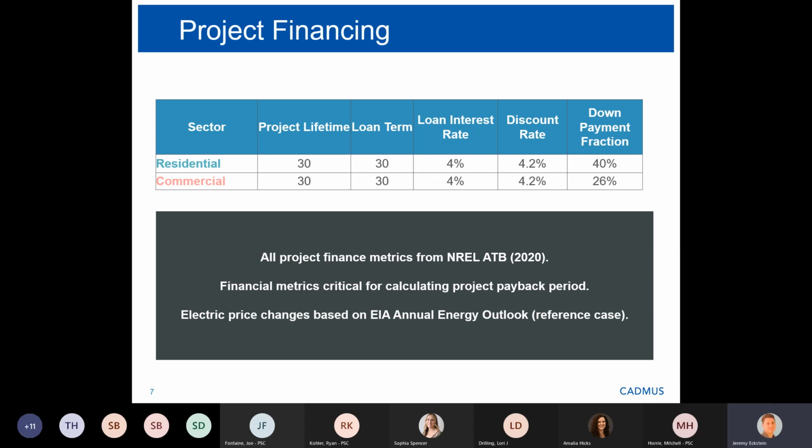The down payment fractions, also from that study, are 40% for residential and 26% for commercial. All of these metrics are important for calculating project payback over time. We did receive a question of how we are looking at the electric price changes. These are sourced from the Energy Information Administration's Annual Energy Outlook, so they're not based on inflation.